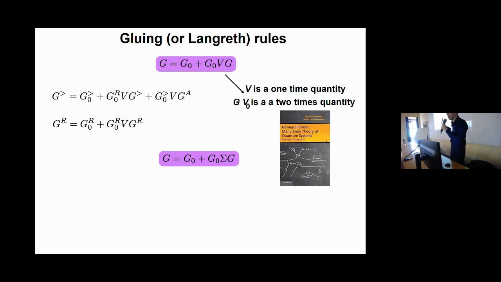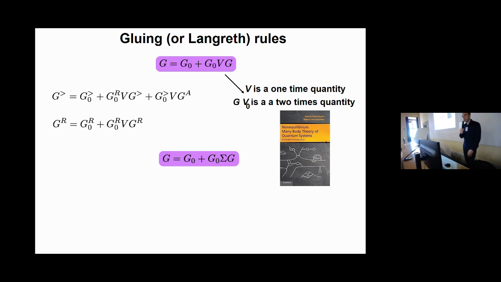So we believe in free flow of information, and you can find in our book a very pedagogical introduction to these gluing rules. That's why I put this, very disappointed by this attitude of not showing the derivations.